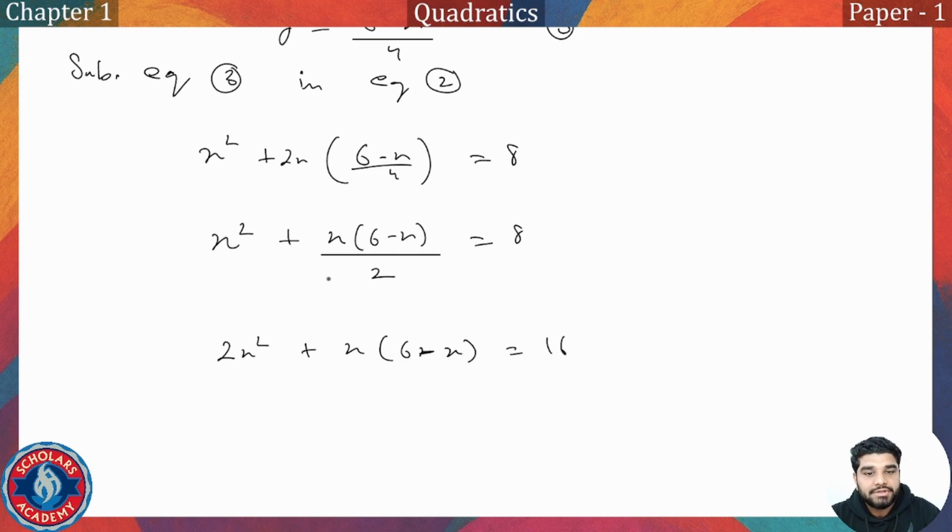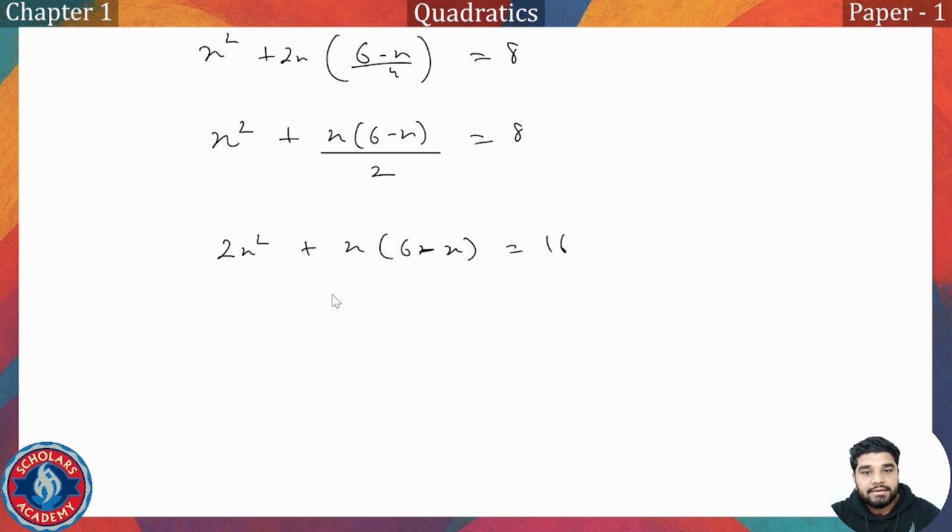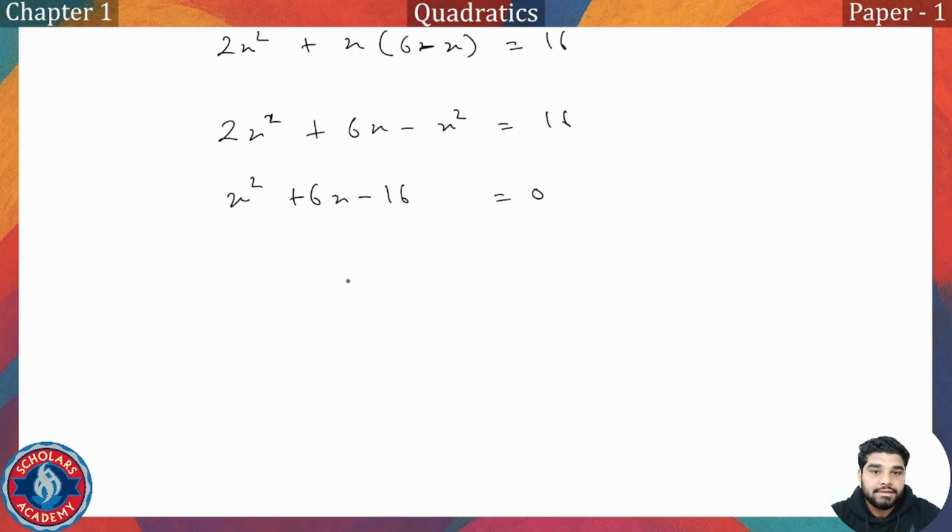I'm taking 16 to the other side, and if I multiply this out, 2x square plus 6x minus x square is equal to 16. Simplifying it, 2x square minus x square plus 6x minus 16 is equal to 0, right?